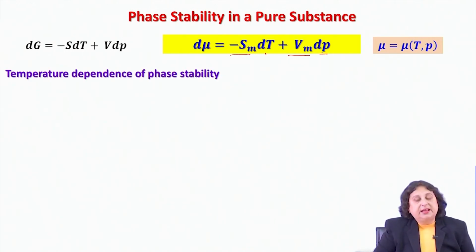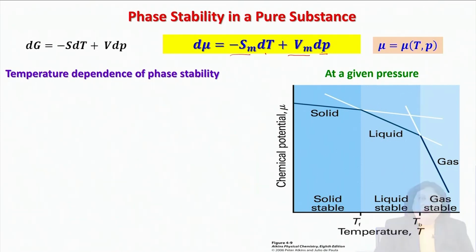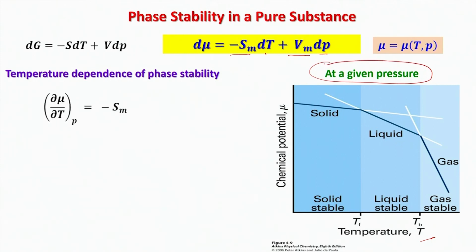So the first thing that we are going to discuss here is the temperature dependence of phase stability. For this purpose, I am going to show you how chemical potential varies as a function of temperature if I make these plots at a given pressure. First, let me look at the behavior that I expect.